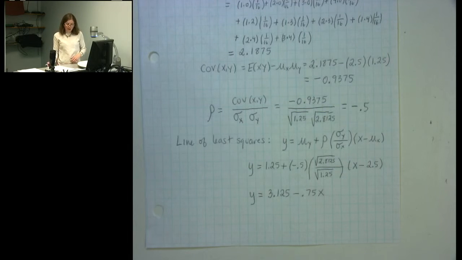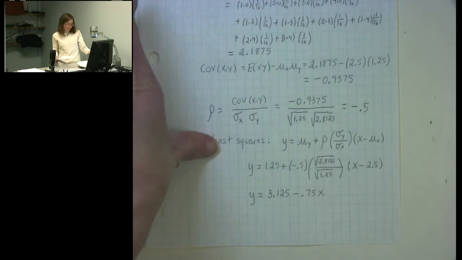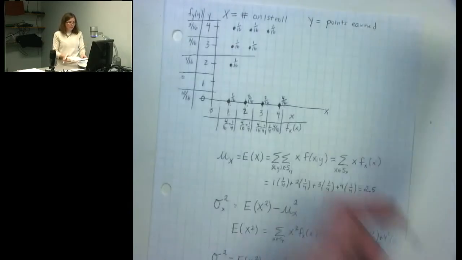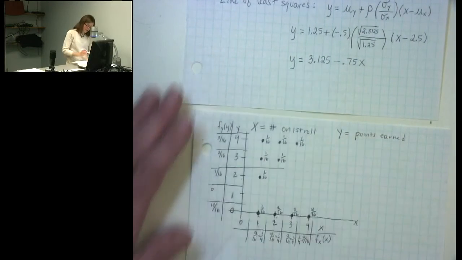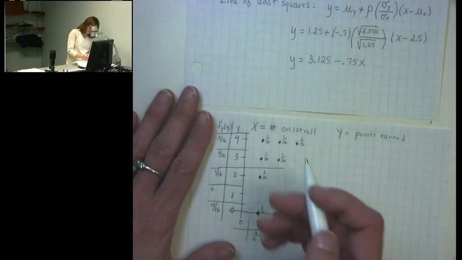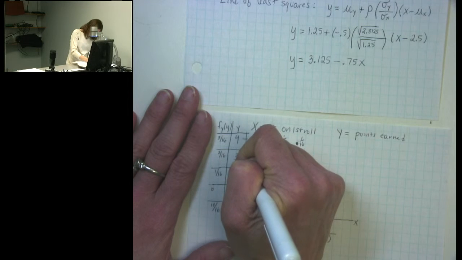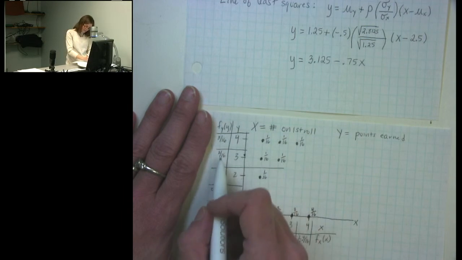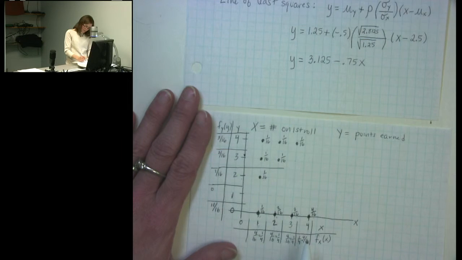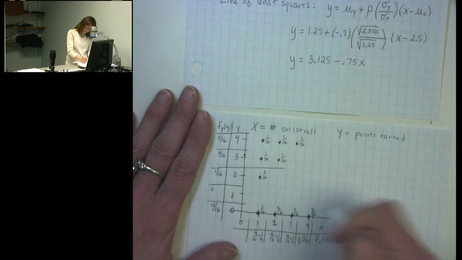And if we want to add that to our original graph, I'm going to cross the y-axis at 3.125, so somewhere around here, a little bit past 4, somewhere down here.